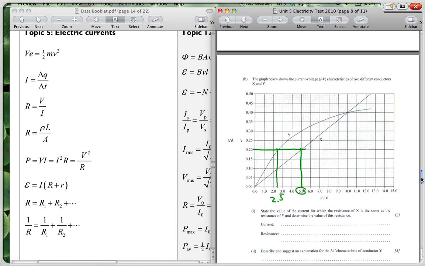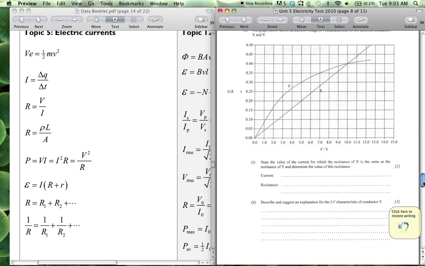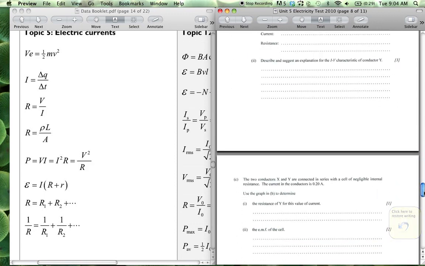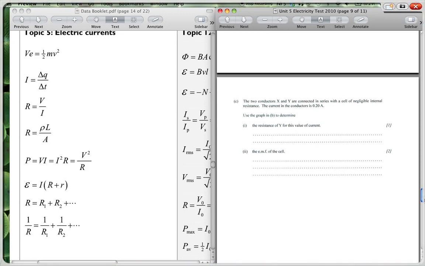So we can now go back to our diagram. You've got the diagram in front of you anyway, so that shouldn't be too bad. Alright, so let's just draw the diagram here.